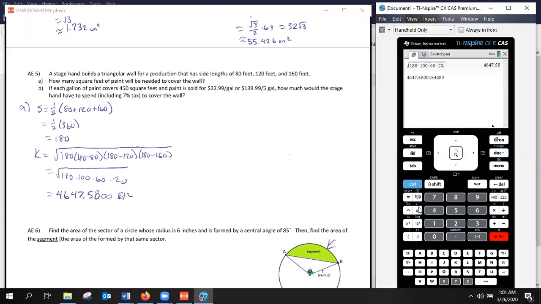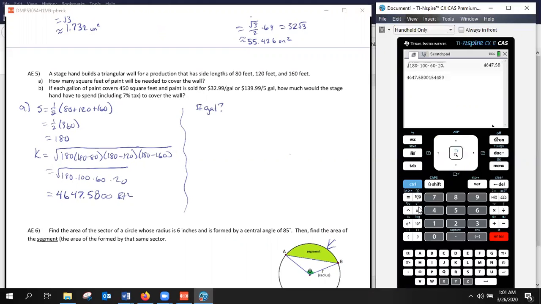So for part B, if each gallon of paint covers 450 square feet and the paint is sold for certain prices, how much would the stagehand have to spend, including tax, to cover the wall? So we've got a real life application of math. Yay, I love this. First thing I'm going to do is find the number of gallons that I need.